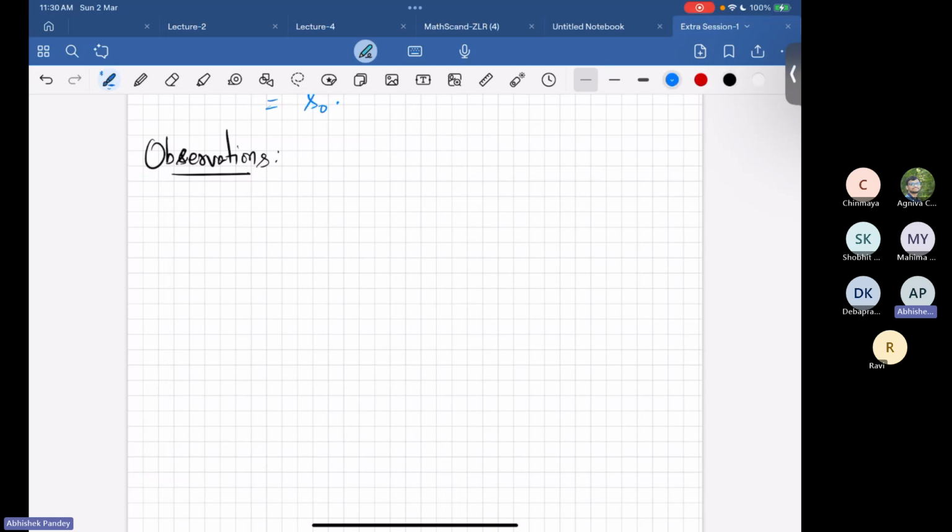So one observation is, let us say, if there exists some S star such that the S star-dimensional Hausdorff measure of A is bounded by some positive constant m, then what does it mean? Can anyone tell me?